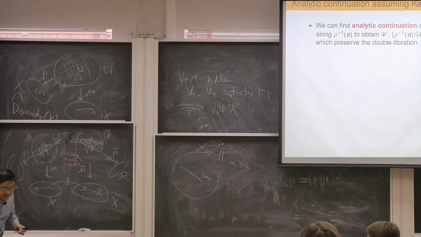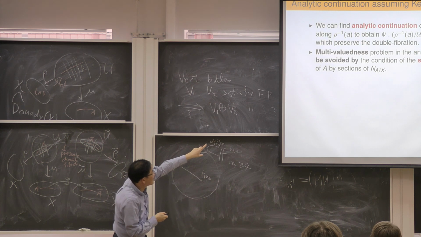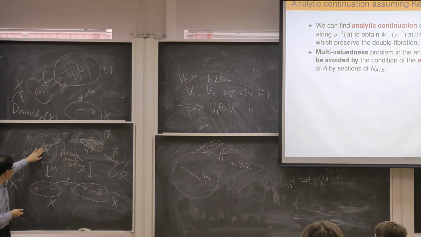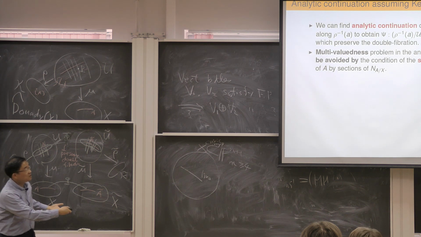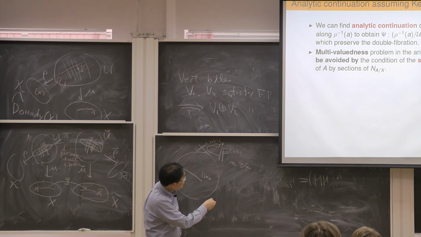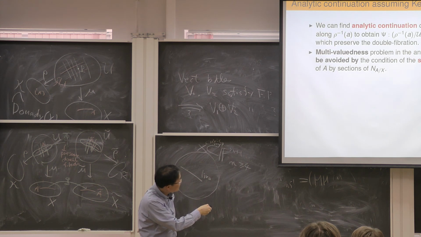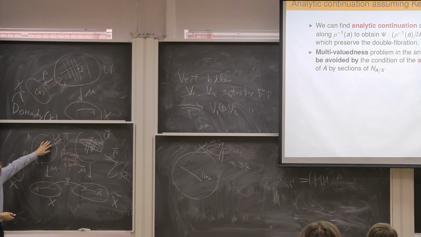That's the argument. The analytic continuation of a biholomorphic map preserving the double fibration along these fibers may become multi-valued, but exactly the requirement that global sections of the normal bundle separate points guarantees that this is single valued.